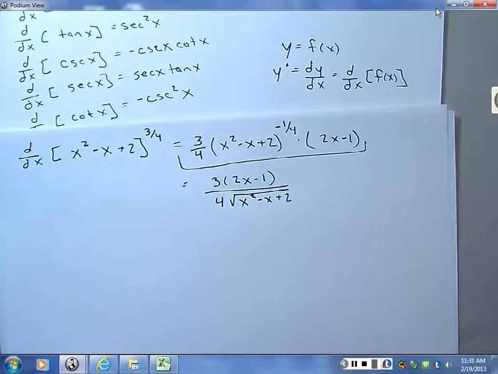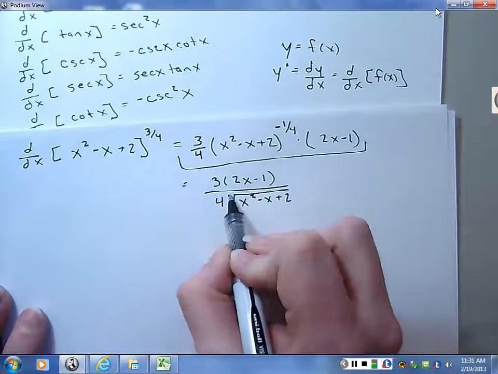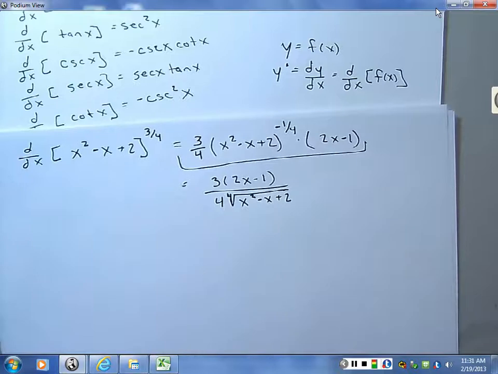Not much else I could do. Oh, it's not the square root. It would be the 4th root. Sorry. Or I could just write it to the 1/4 power in the denominator. Make sense? Let's see what else we have.